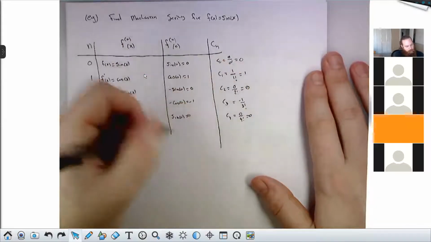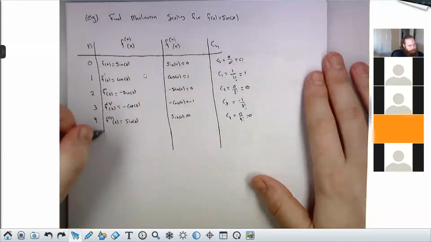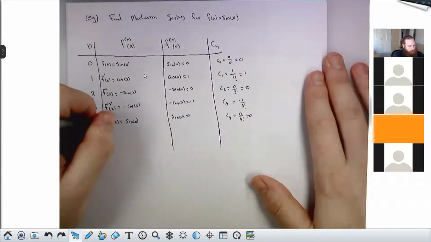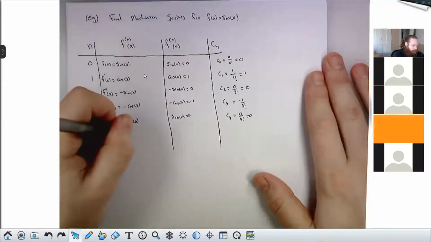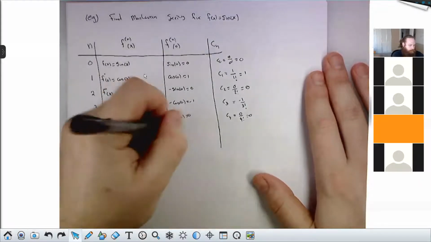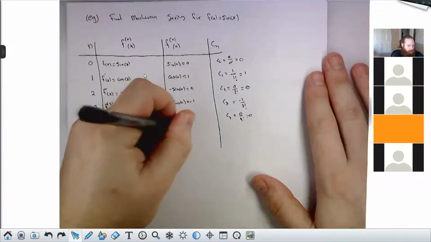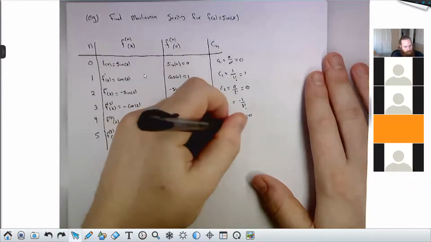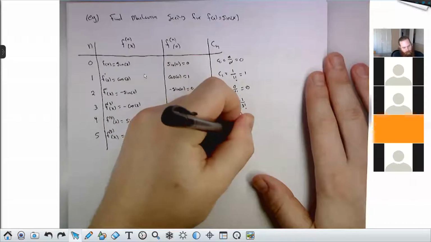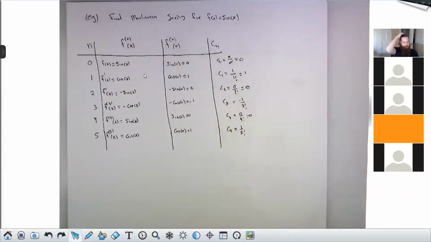I'm going to do one more. When n is 5, the fifth derivative is just cosine. Cos of 0 is 1. So C5 here is 1 over 5 factorial.